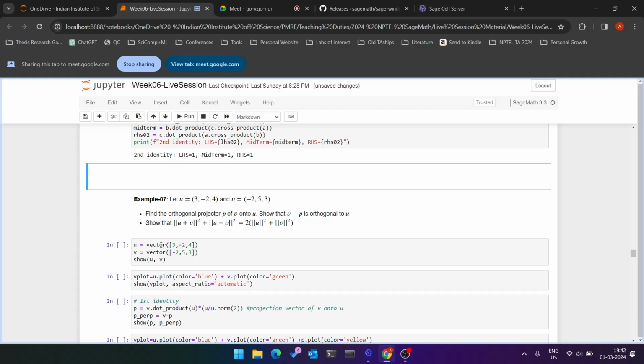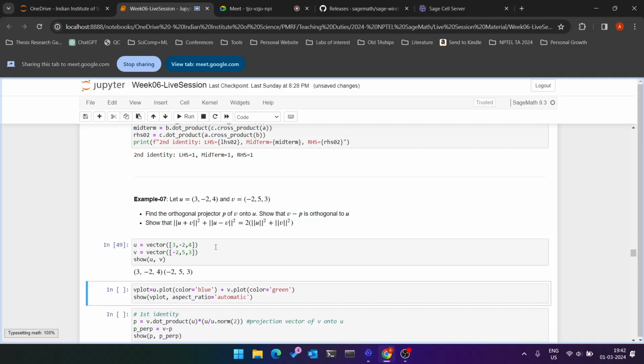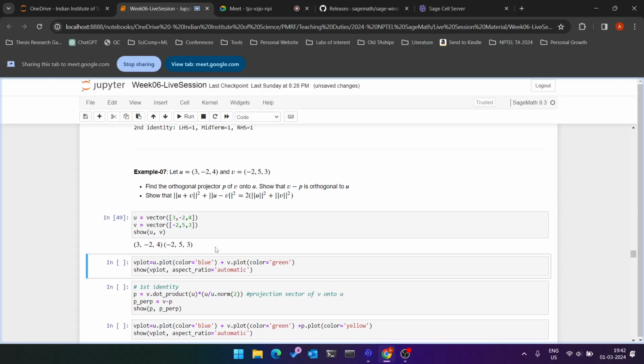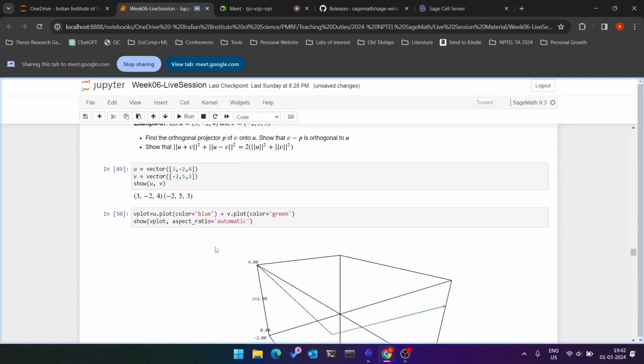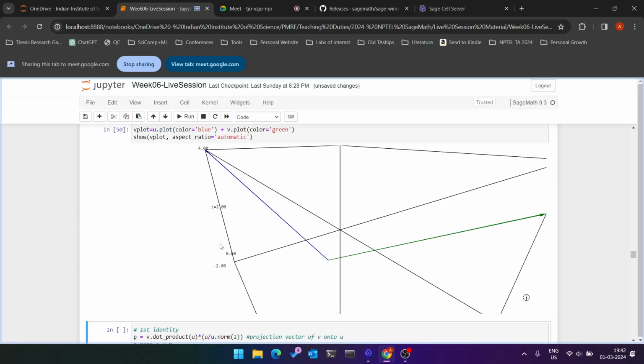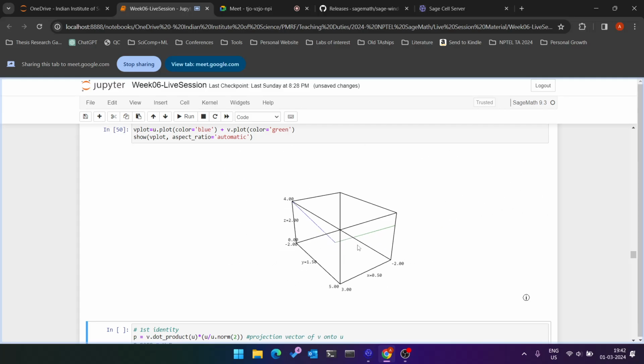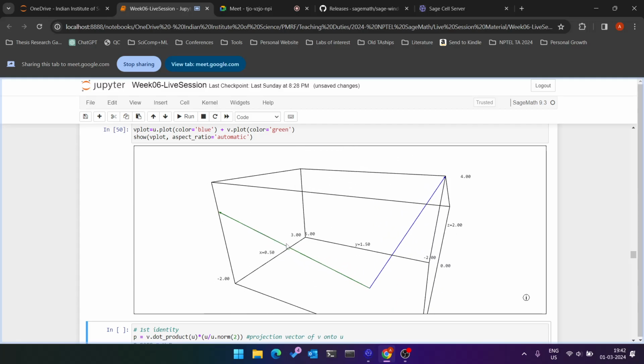So we begin by defining vectors u and v as 3, minus 2, 4 and minus 2, 5, 3. Next we do a vector plot. U is blue whereas v is green in color. So this is how you can see it.